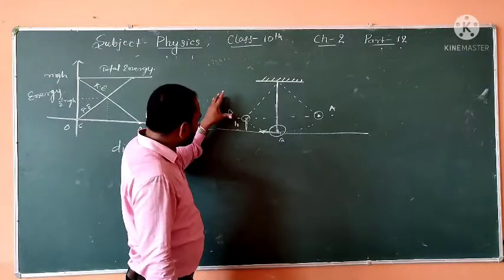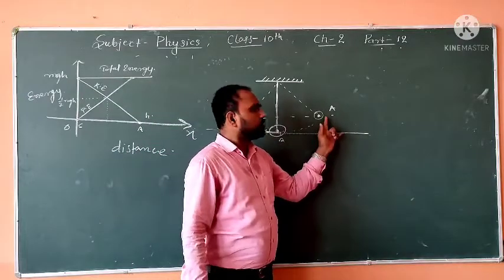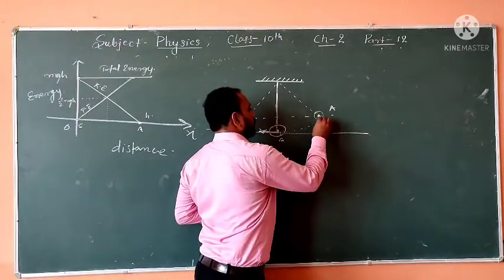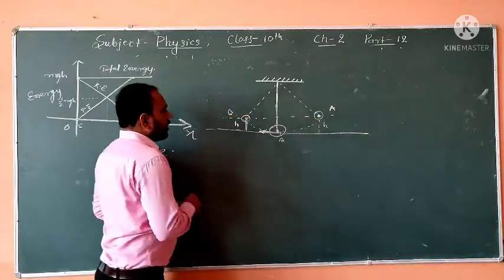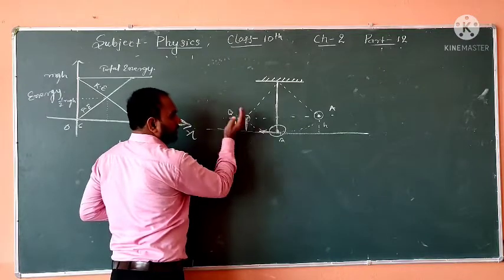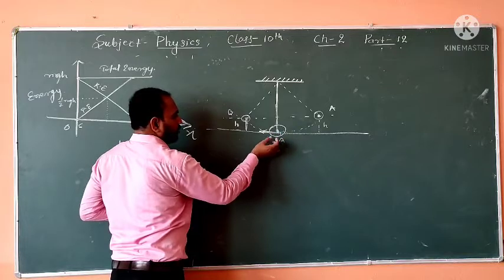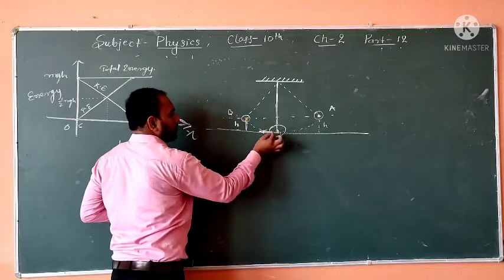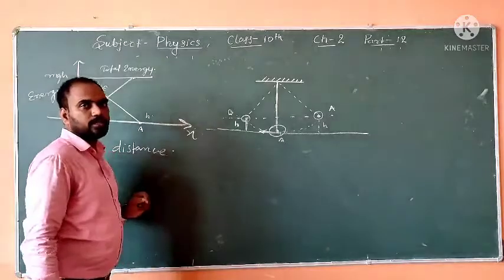If you release this body from here, it will not stop here, it will move to here. Why so? Because of conservation of energy. You have given some energy by moving the body from its mean position to the extreme position, so you have increased the potential energy here.